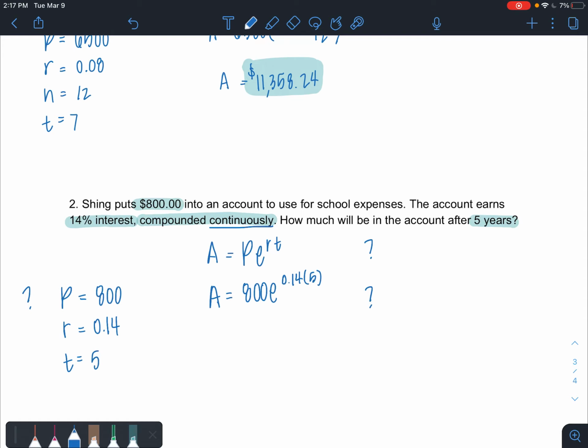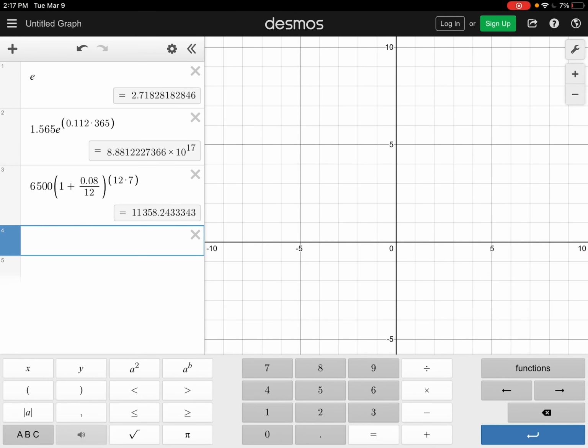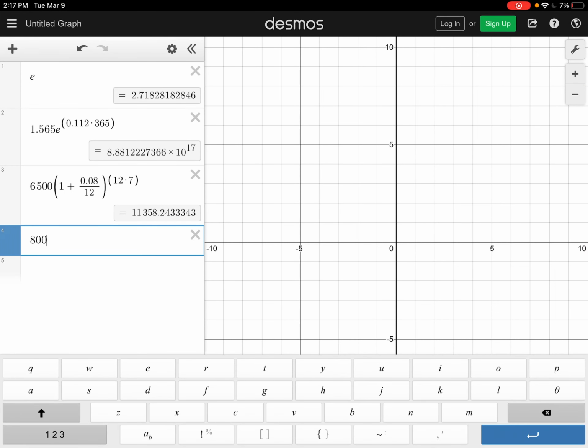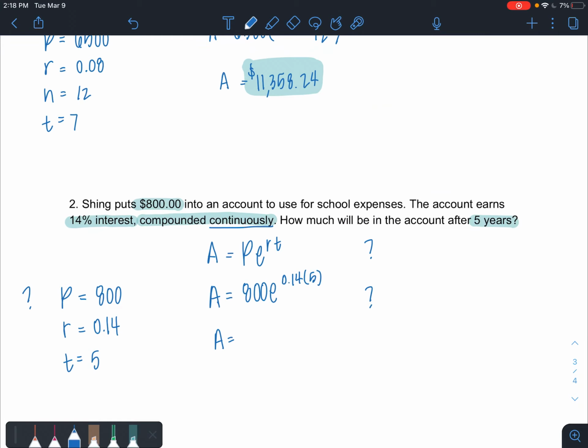And then go ahead and plug that into a calculator. 800e to the 0.14 times 5 gives me $1,611.00.